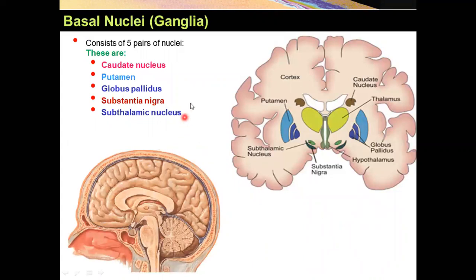So again, these 5 pairs of nuclei form the basal nuclei: the caudate nucleus, putamen, globus pallidus externus, internus, the subthalamic nucleus and the substantia nigra.